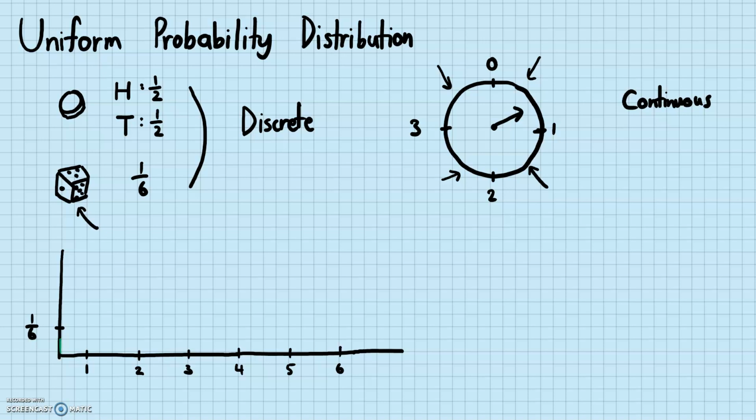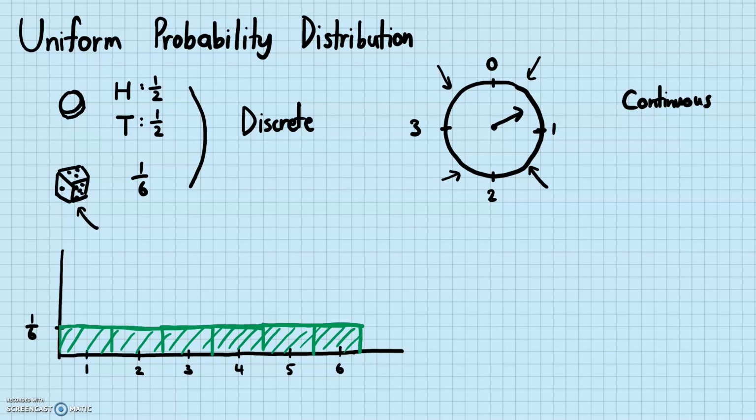For 1, it's going to go up to 1/6. 2 also 1/6. 3 also 1/6. 4 also 1/6. 5 and 6. So all of these have a height of 1/6 because that's the probability. And this is the characteristic of uniform probability. The height of each of the events, or the probability of each of the events, is exactly the same.